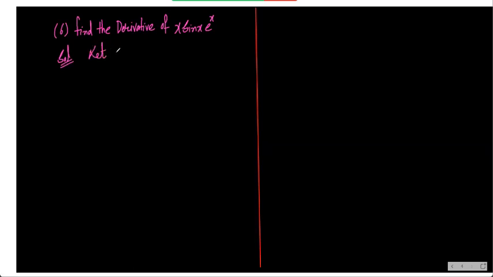How many terms are there in total? y is equal to x into sin x into e power x. How many terms are there? Three. There are 3 terms.